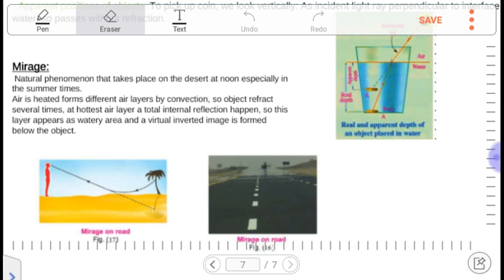So the layer appears as a watery area, and an inverted image is formed below the object. So the mirage is due to the refraction of the light through the layers of air.